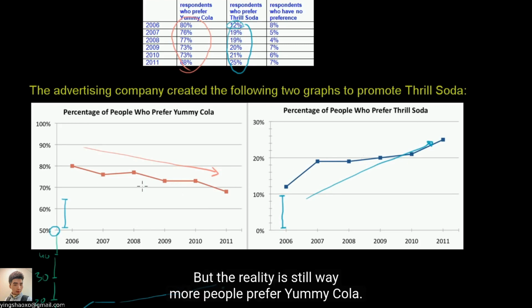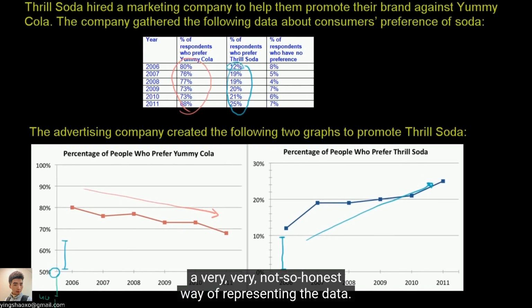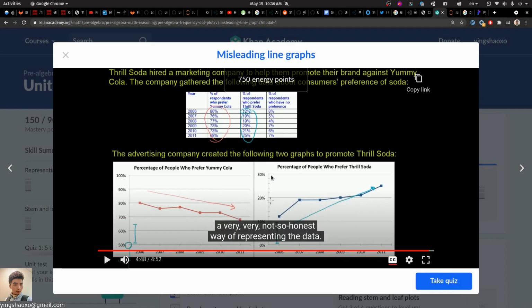Trend is up, but the reality is still way more yummy. A little bit, actually very not so honest way of... okay, so in this video, the Kehan tells us one thing: if we do the line graphs, we need to care about the scales. You know the scales can be a little bit tricky.